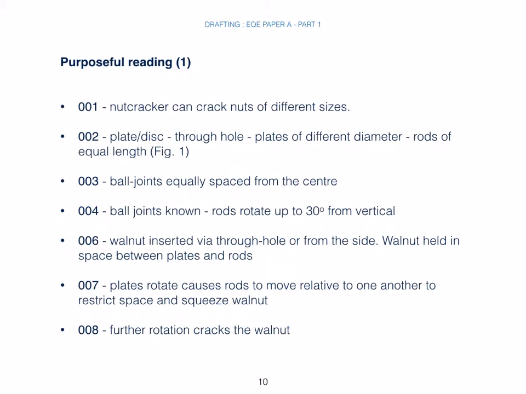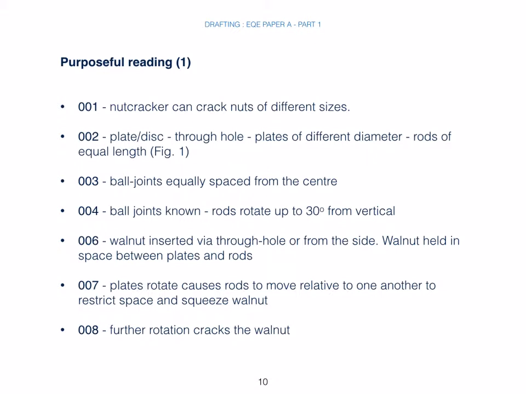The ball joint 25 allows the rod 5 to rotate with respect to the plate in any direction within about 30 degrees from the vertical. Such ball joints are known. So I noted against paragraph ball joints known, rods rotate up to 30 degrees from vertical.